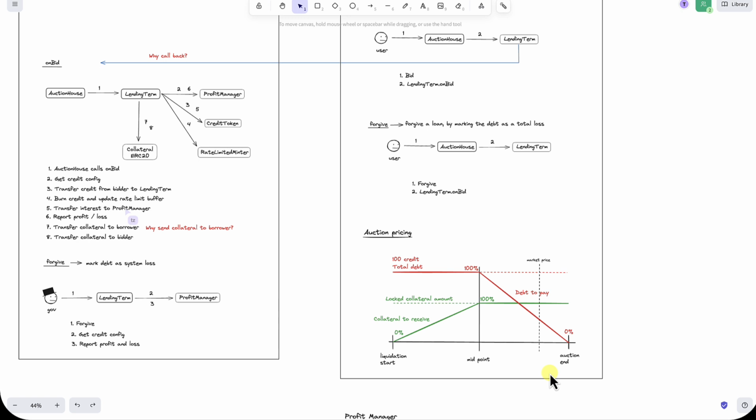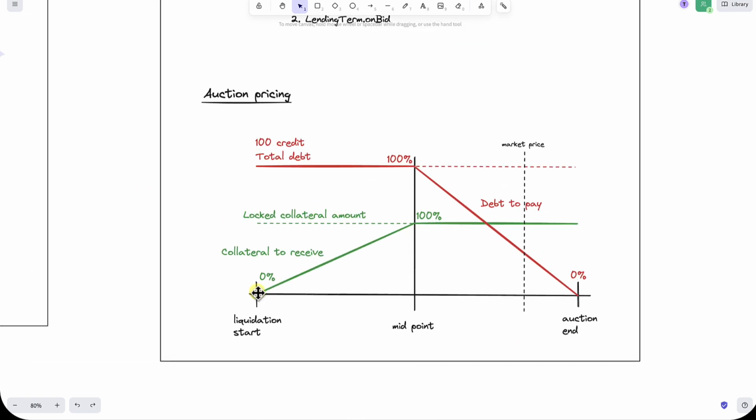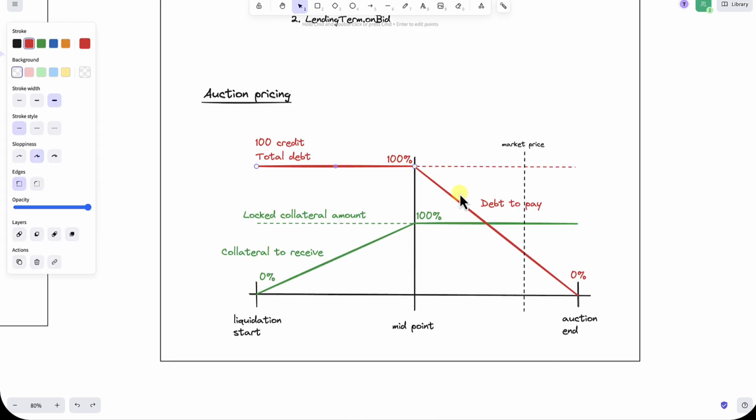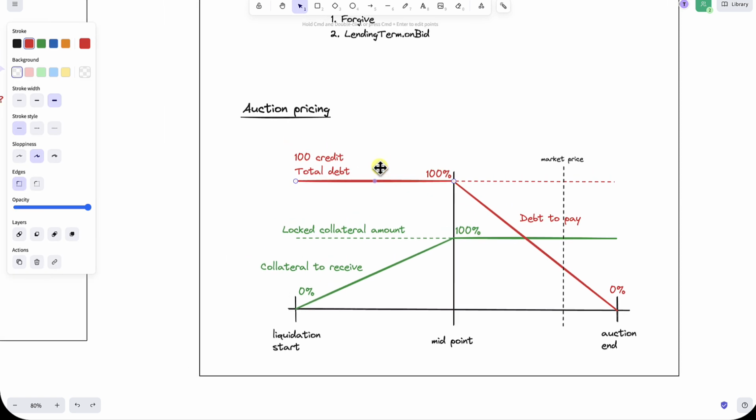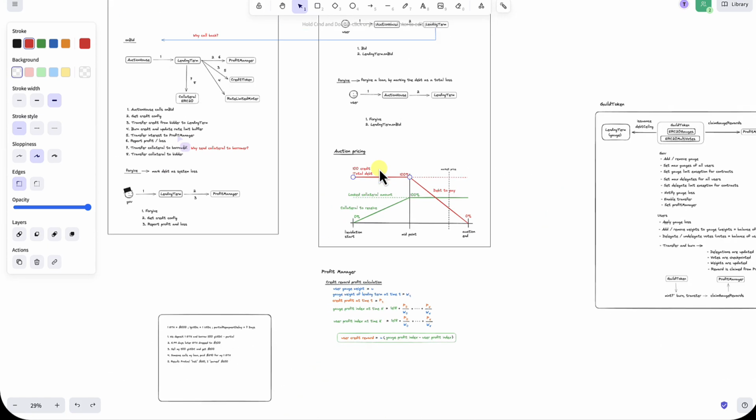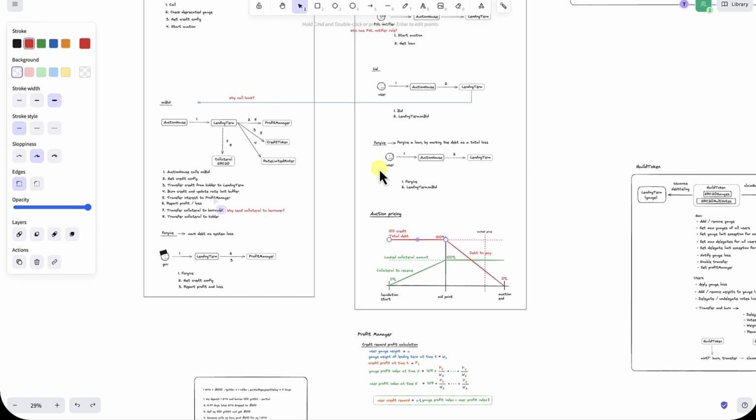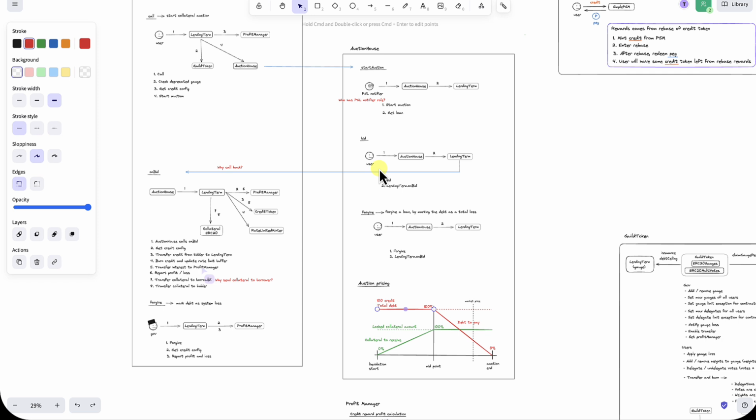And we thought, okay, what happens if meanwhile in an auction there is some kind of discrepancy and this credit multiplier is being changed? The auction started and then some time passes, right? This time until someone calls the bid function to close the loan, to liquidate this position. And in this time, the credit multiplier, because there are so many places where it's being fetched and updated, what happens if it's being changed?